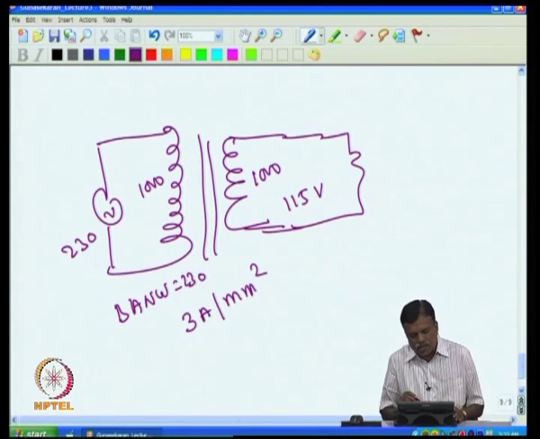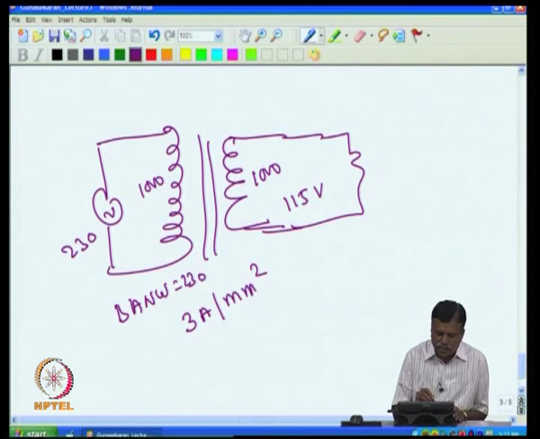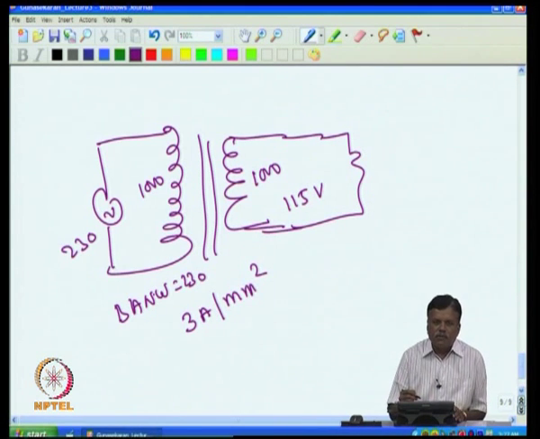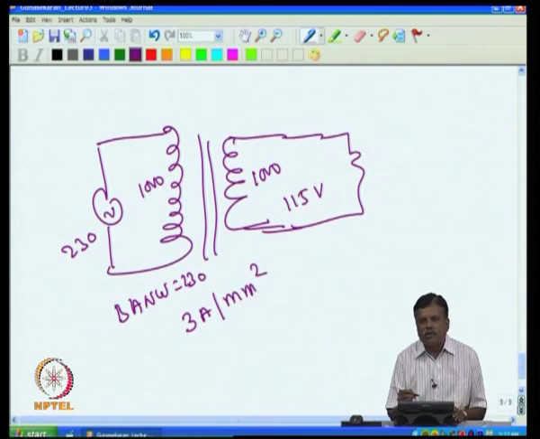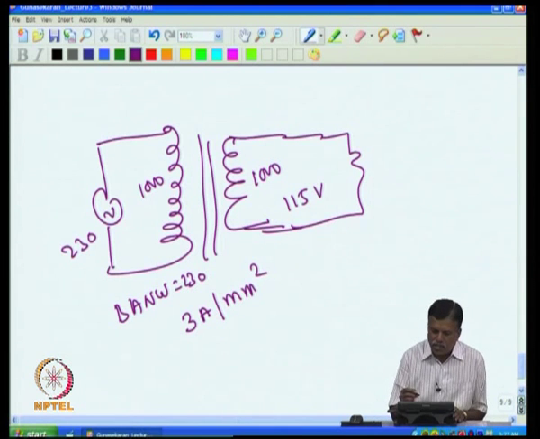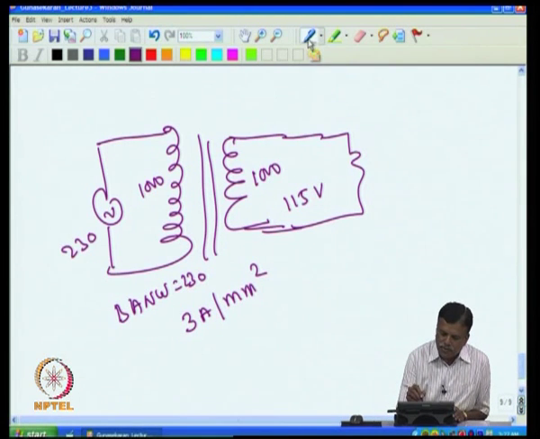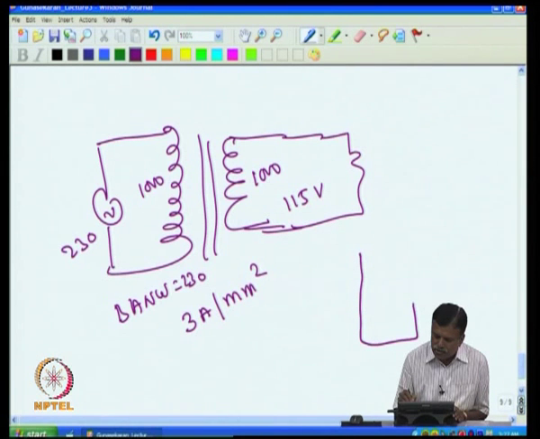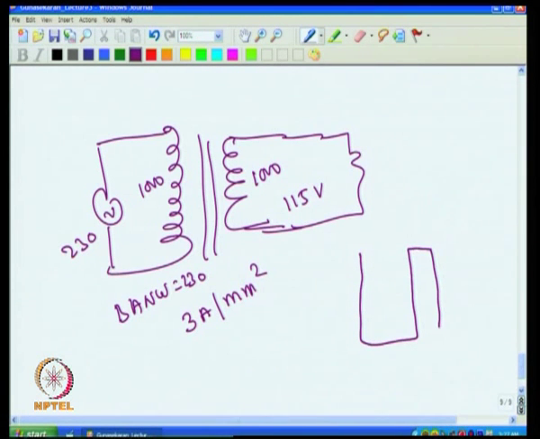Now, one question may arise: if you have arrived at this number of turns and the thickness, will the core hold that number of turns? Because when you are winding, if you see how the core looks, we are winding it here.